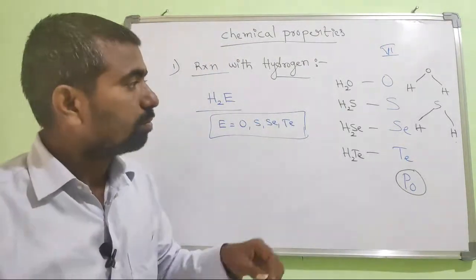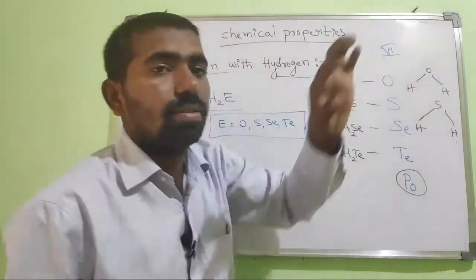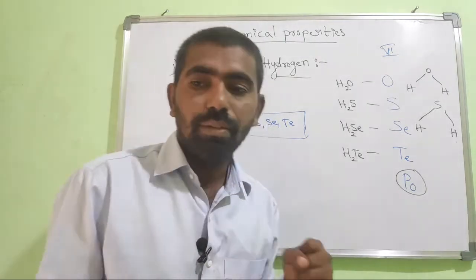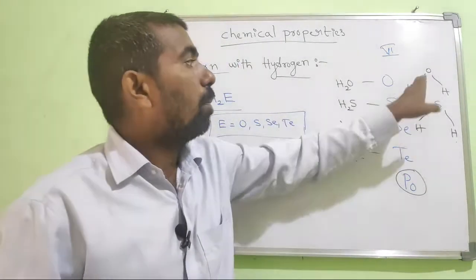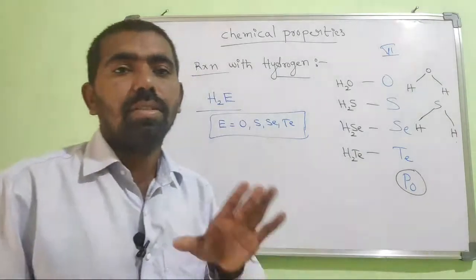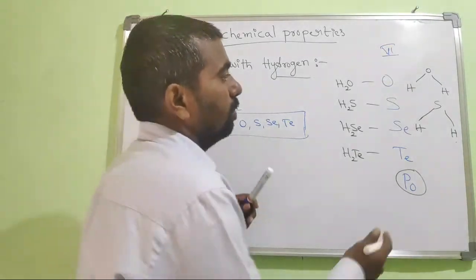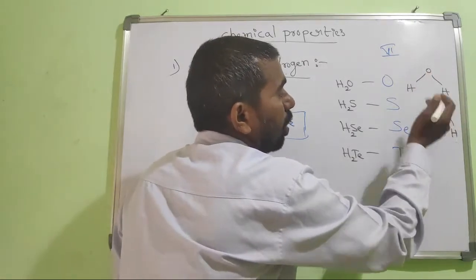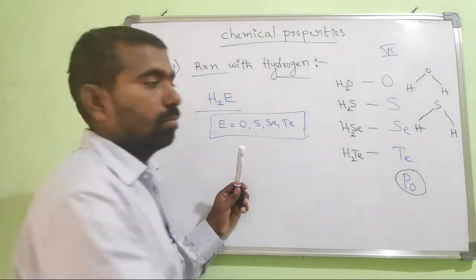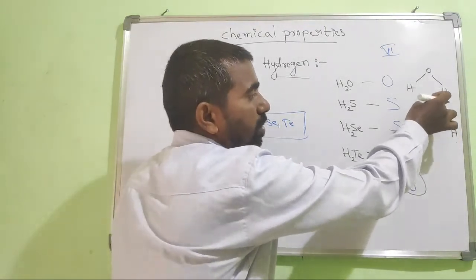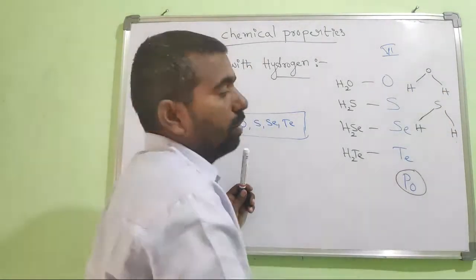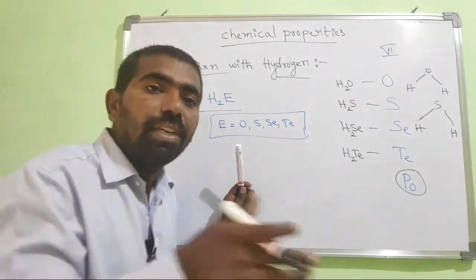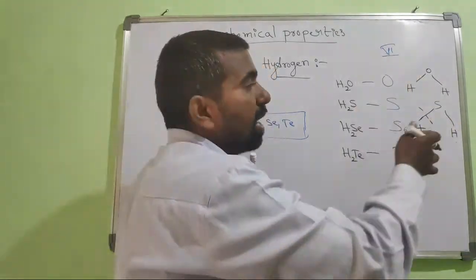That's why the bond length also increases. So due to the increase in bond length, the bond dissociation energies decrease, because observe here, compared to this bond, this is a longer bond. So the electrons present in this bond pair are weakly attracted by these two elements. That's why by giving a small energy we can break this bond as compared to this one.